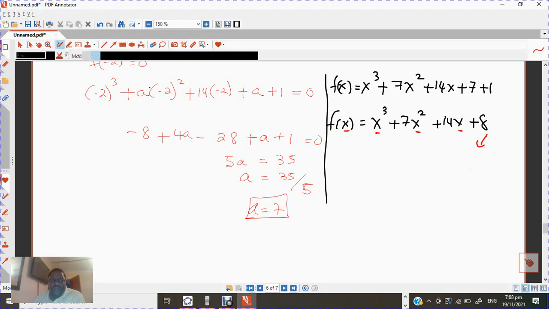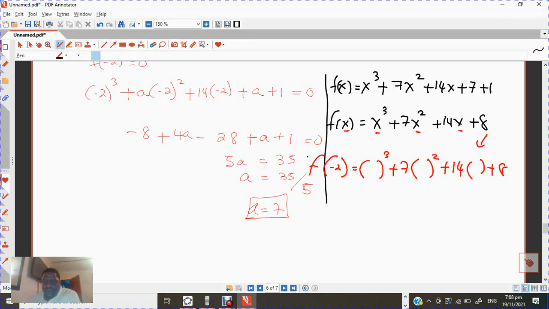So if I do that and I have f of -2, everywhere where I have my x, what am I going to end up with? That is what I'm interested in. When you input that, you should end up with a 0.